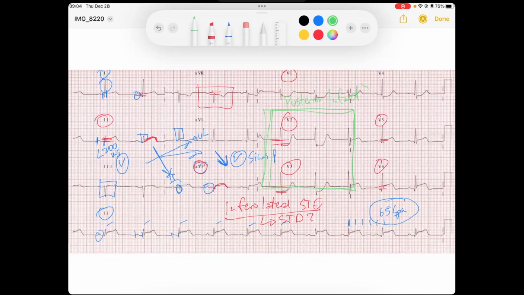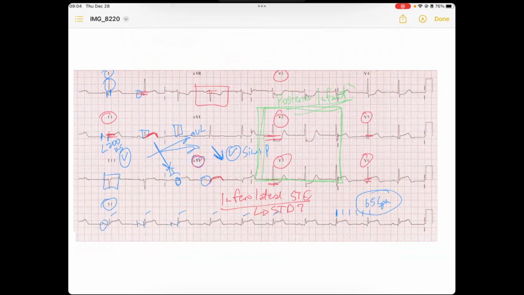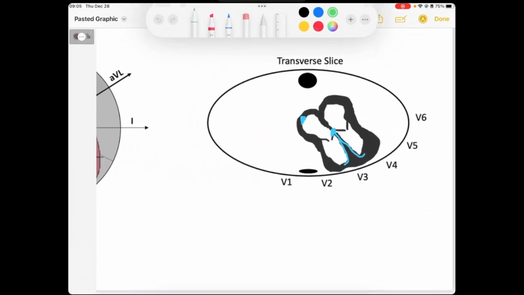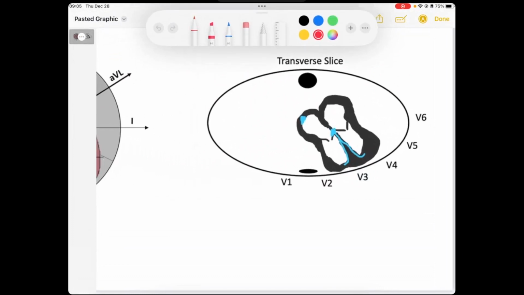The reason I say that is, if I take a look at the lead placement of those anterior leads, V2, V3 are measuring anterior forces. And so anytime we see negative changes, we should think, well, maybe that's actually measuring posterior ST elevation.